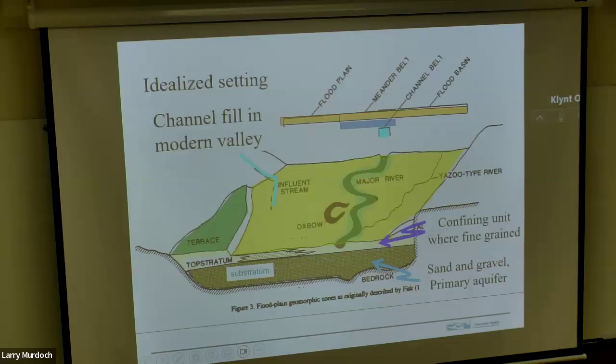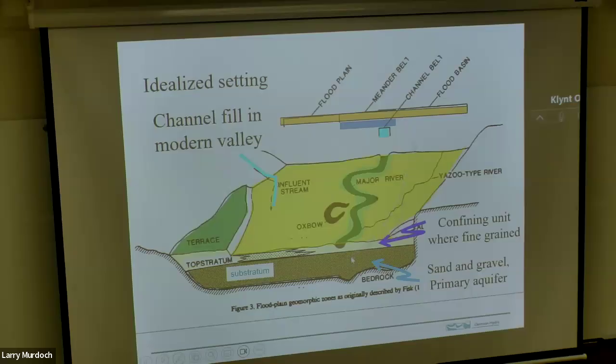This is what they look like. This river valley, and this thing that's called substratum is sands and gravels, and that's the primary aquifer. And then it can be covered in some places by silts and clays, and so that could create a confined aquifer. And then in other places, there's some fine-grained sand on top, and so this would be an unconfined aquifer.